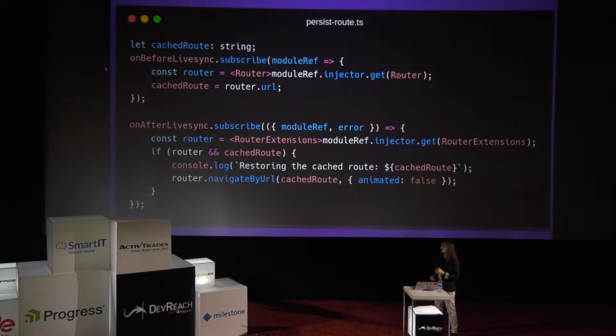And then we are caching the route. Then after the reload finishes, after LiveSync, as we call it, we're getting the router again, and that is a brand new router. We don't have any navigations inside it. And if we have a cached route, we're just navigating to it. The idea is to go to the same page that we were before.